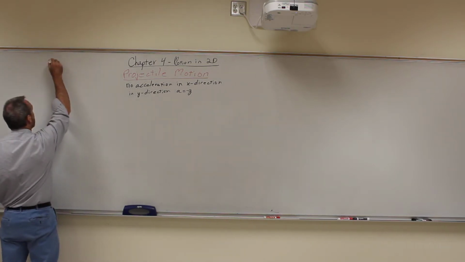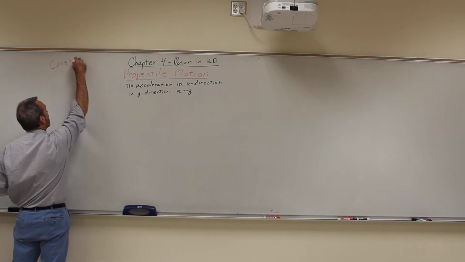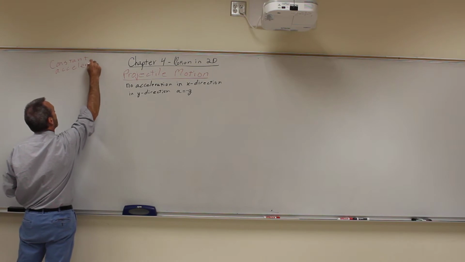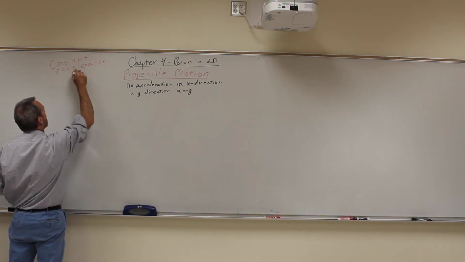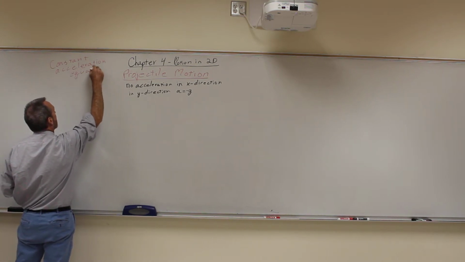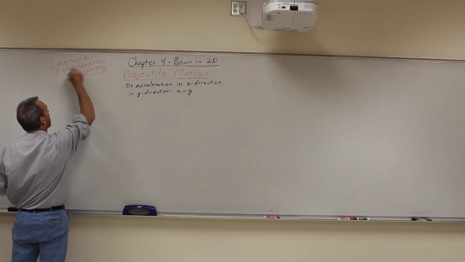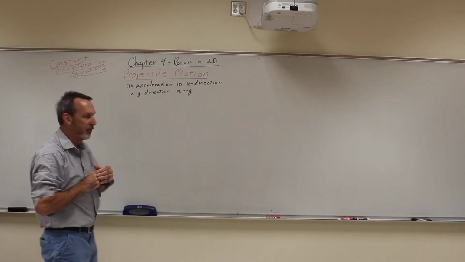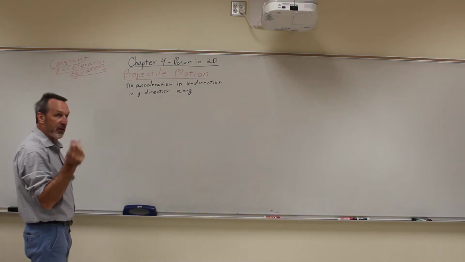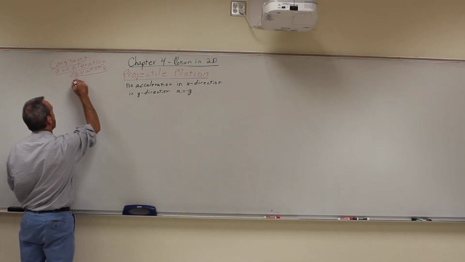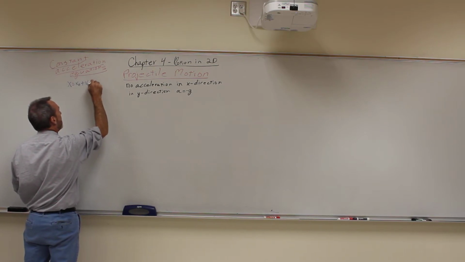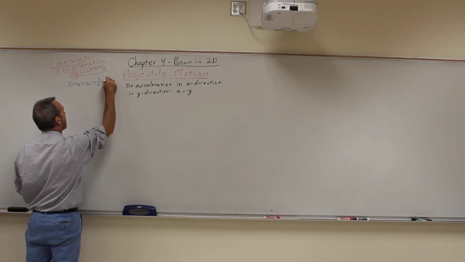So you remember these. Hopefully you should get these memorized by now because we use them all the time. In fact, you will use them throughout the whole semester. One thing about physics is it builds on everything. Everything you do builds on something before. So remember, these were the equations. There were 3 equations. We have x is equal to x naught plus v naught t plus 1/2 at squared.